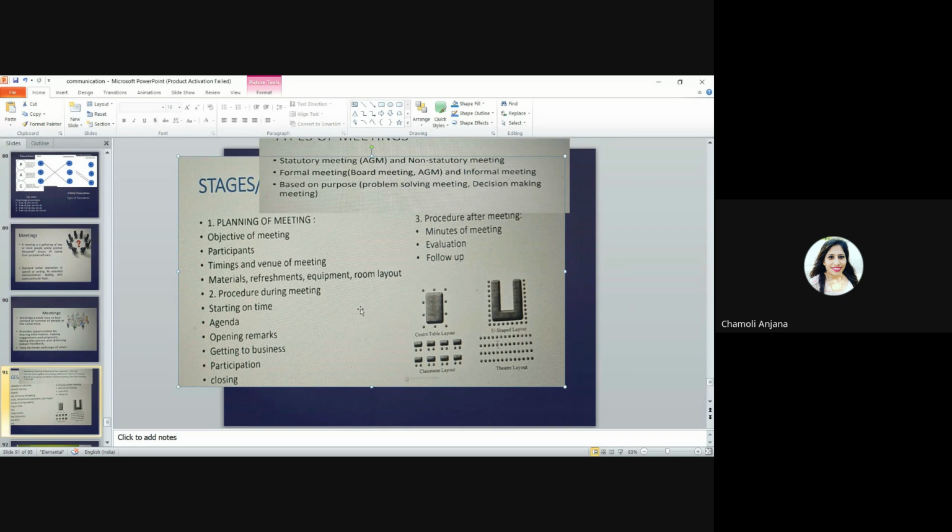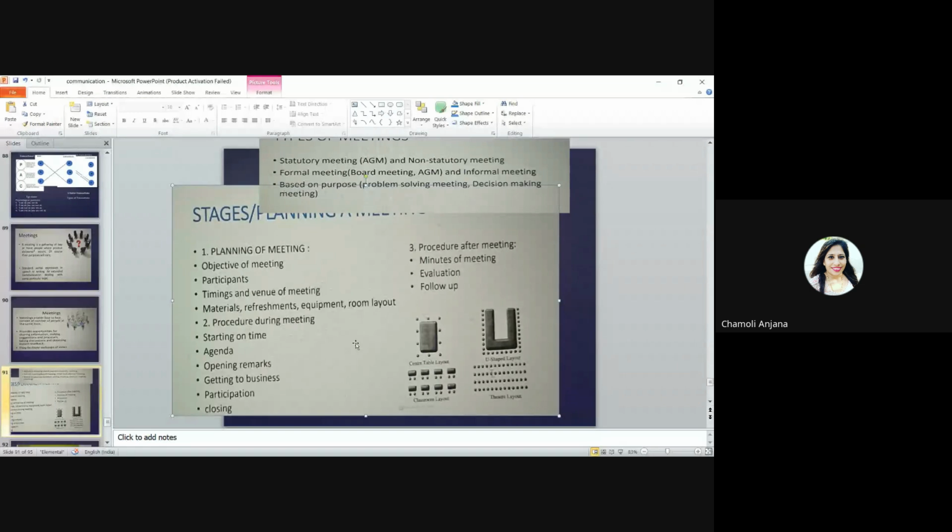Then closing. Finally, it is the closing of the meeting. Once all the discussions are done and the objective of the meeting is attained, or even if it is not attained but the time has come to an end, then they are supposed to close the meeting. If the objective is attained, then it is good, they have come to a resolution, and the meeting gets closed.